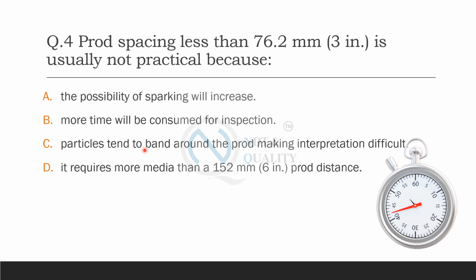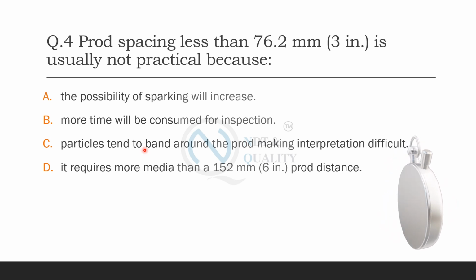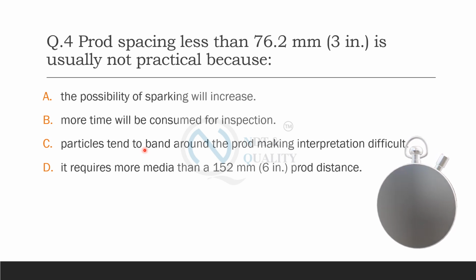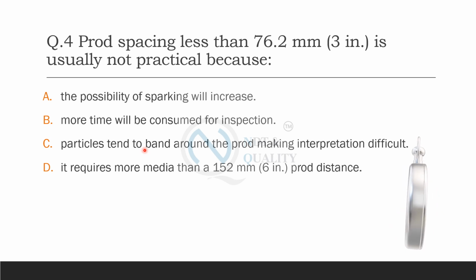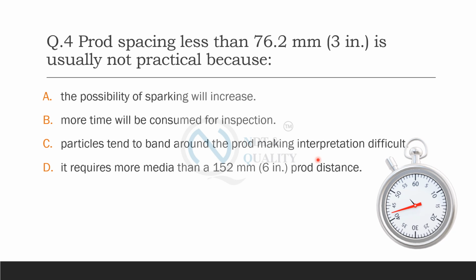Here it is given that the spacing between two prods should not be less than 3 inches. Why? Option A, the possibility of sparking will increase; option B, more time will be consumed for inspection; option C, particles tend to bend around the prod making interpretation difficult; and option D, it requires more media than a 6-inch prod distance.